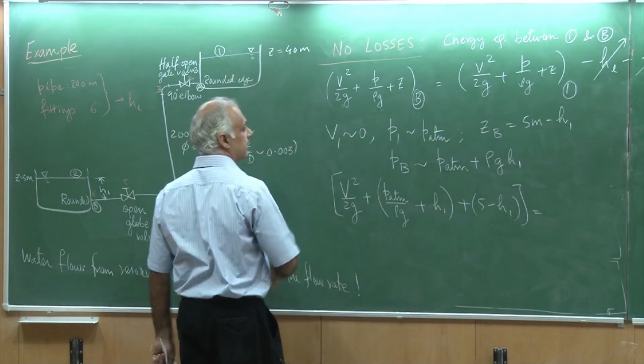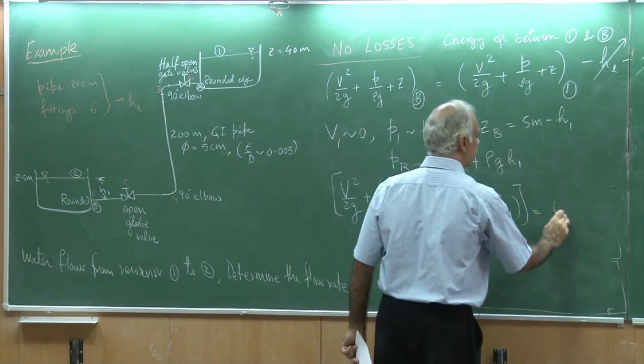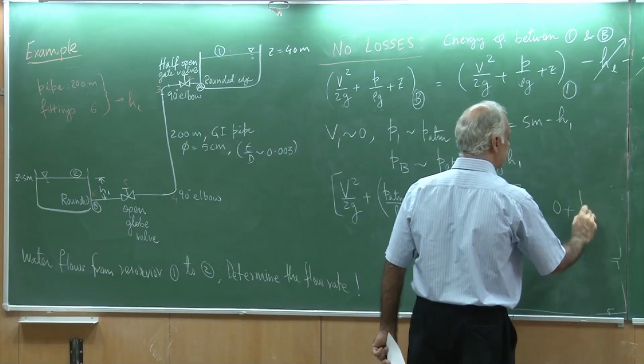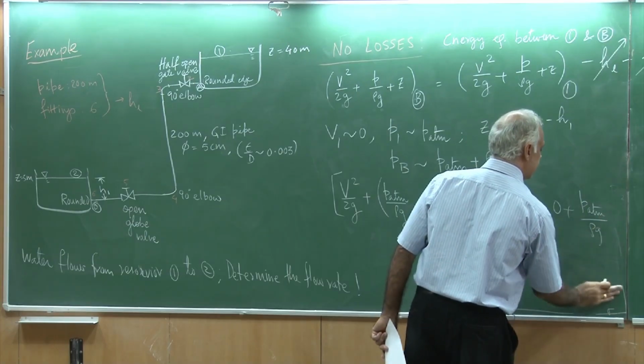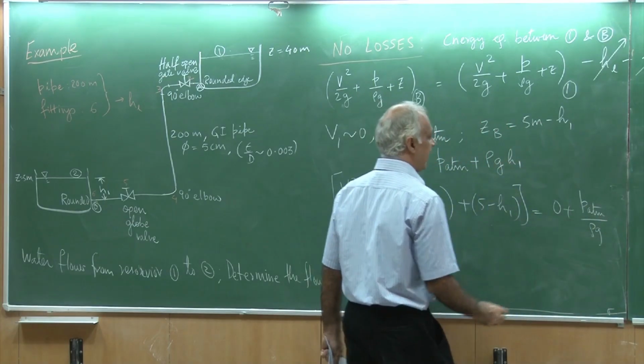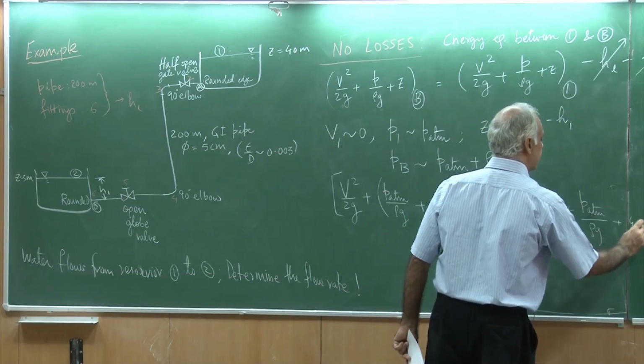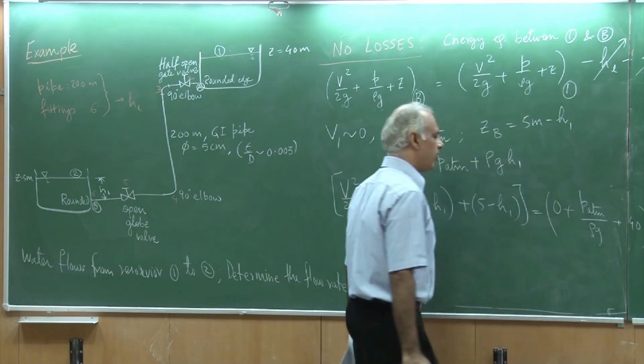The velocity is 0, the pressure is atmospheric pressure by rho g, and my Z is 40 meter.